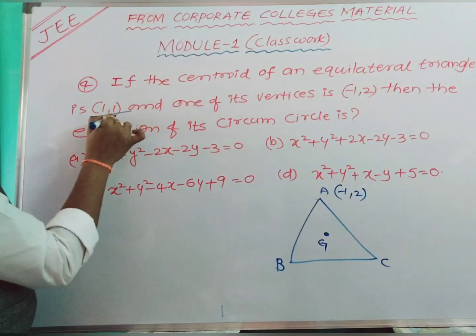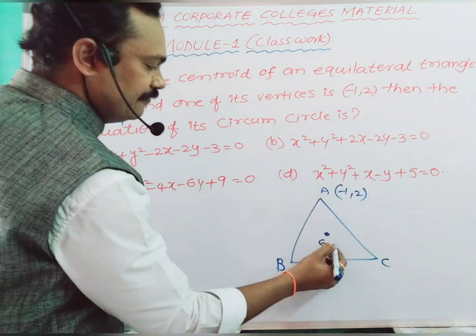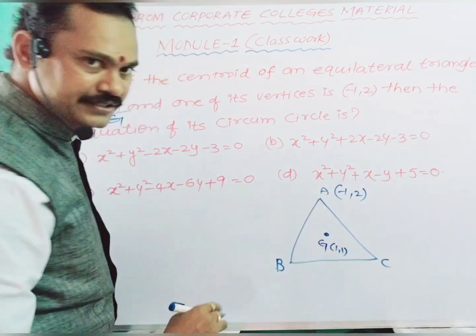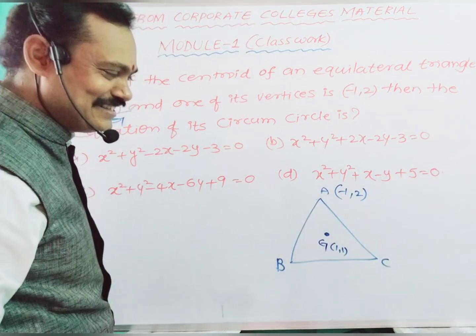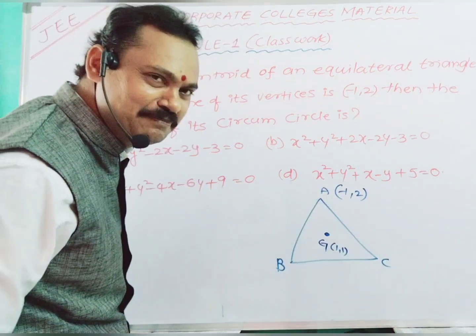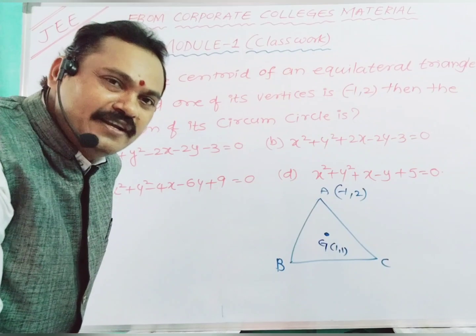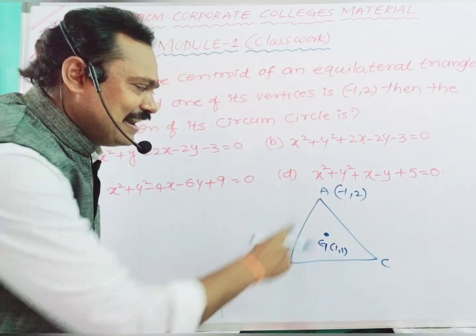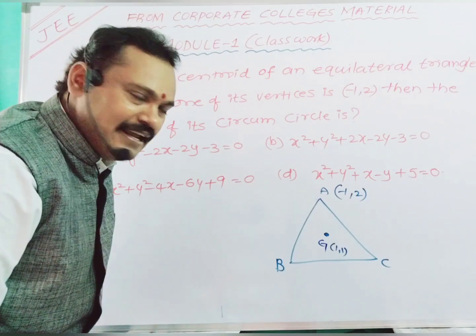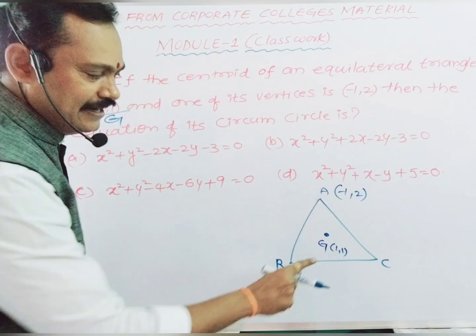Now what is being asked? The equation of the circumcircle. Very interesting question this is. First, triangle ABC is an equilateral triangle, the centroid of the triangle is provided and one of its vertices is provided. Observe carefully.